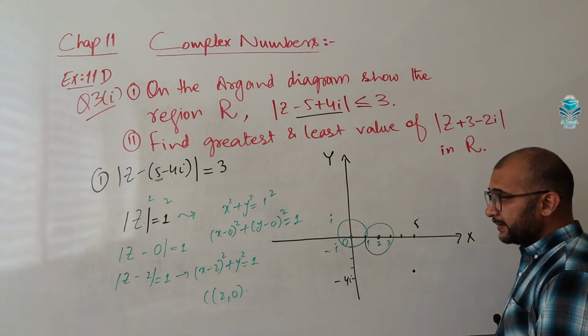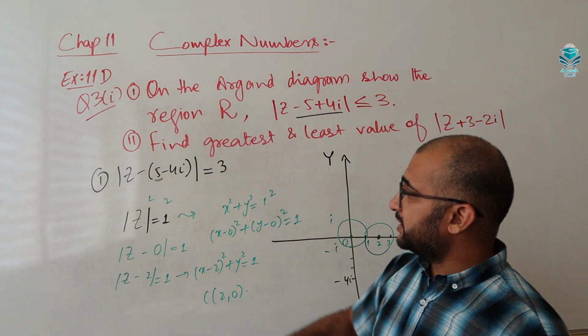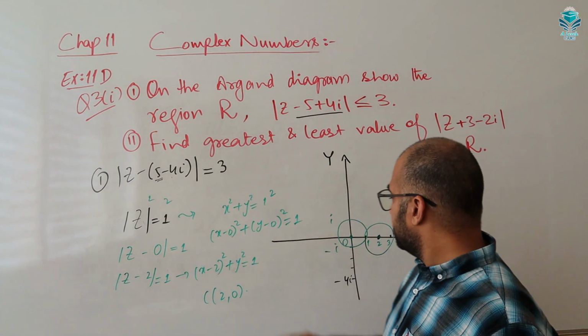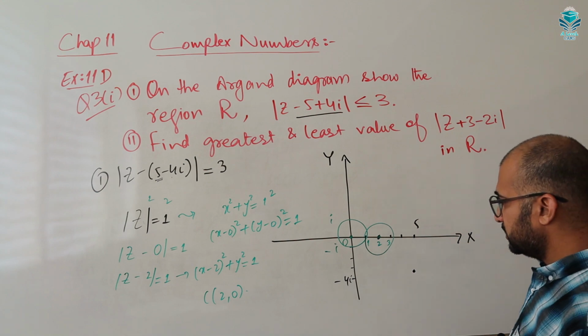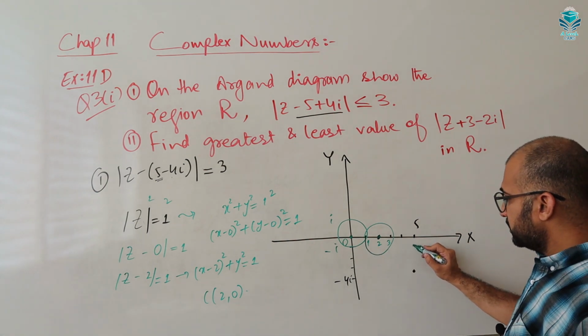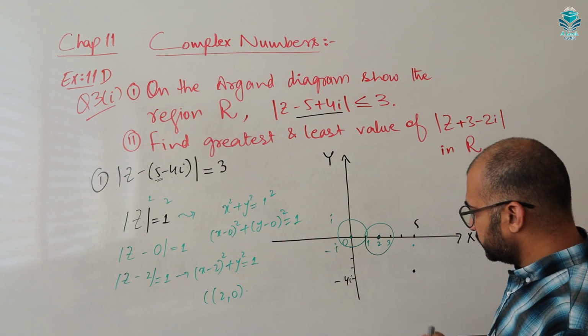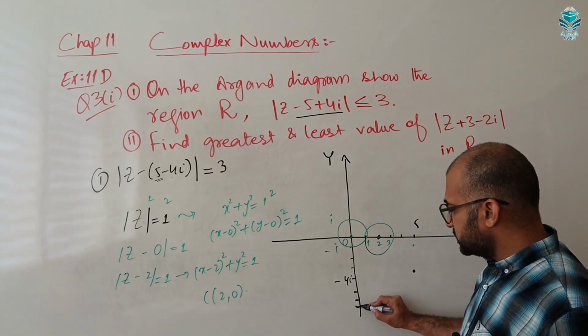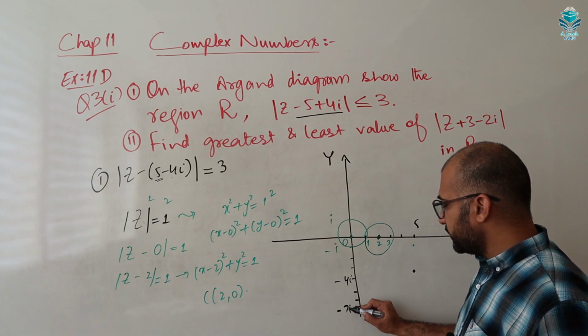But here we have a center at this point and the radius of 3. So it means 4, 3, 2, 1, this one. Similarly you can go 3 units downward, 5, 6, 7, minus 7i.